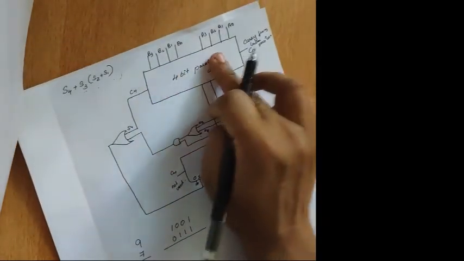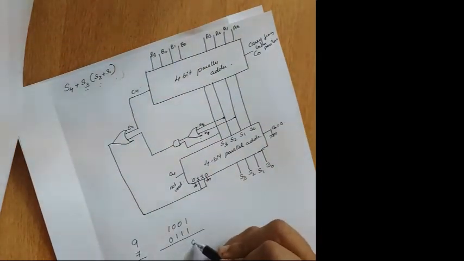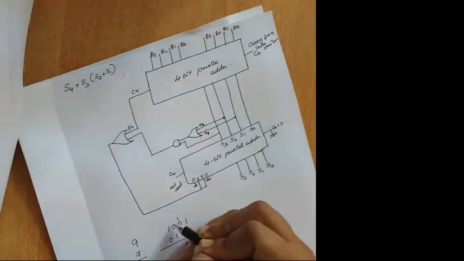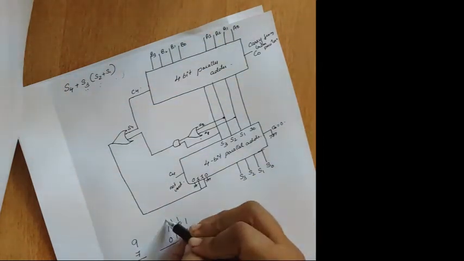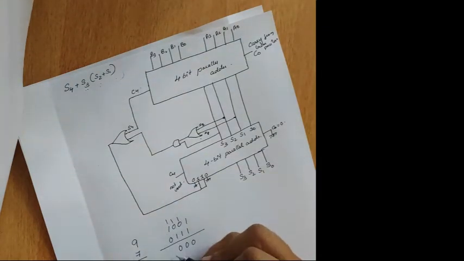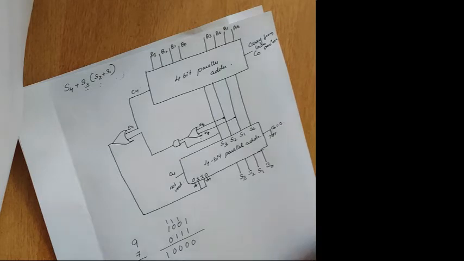Normal addition you are giving over here. 1 plus 1 is 0 with a carry 1, and so on, until you get 10000. Okay, this is in the normal position because this is a carry bit you are getting over here, and your binary is in the BCD function.